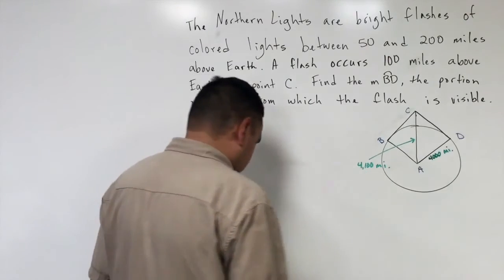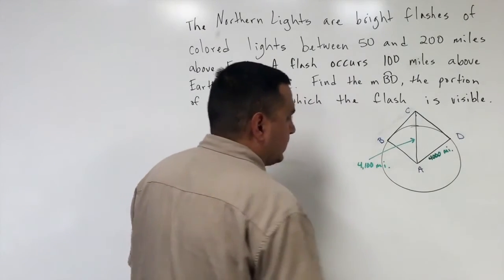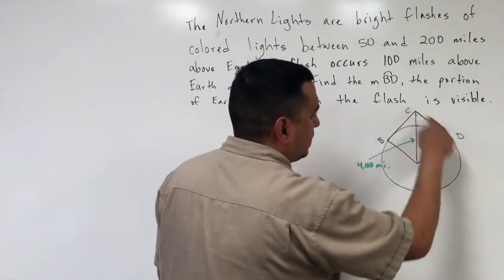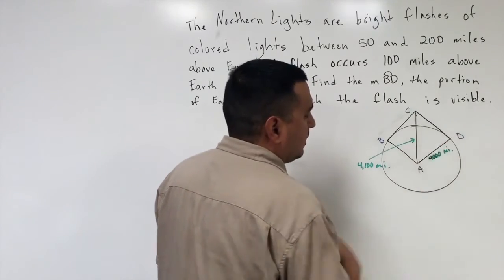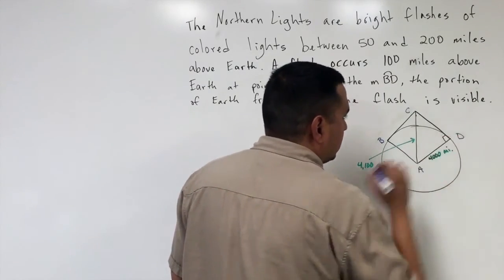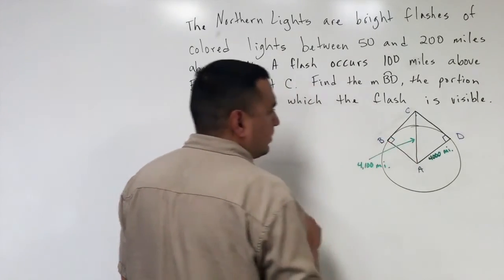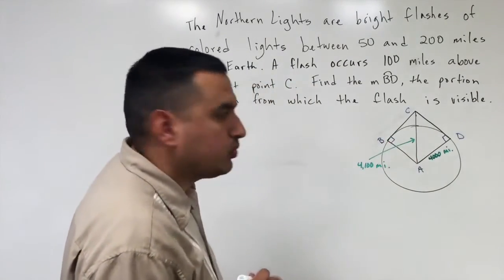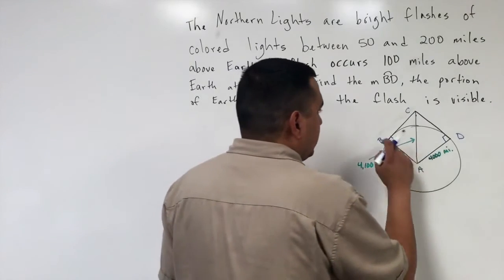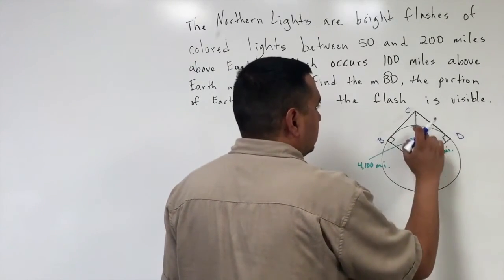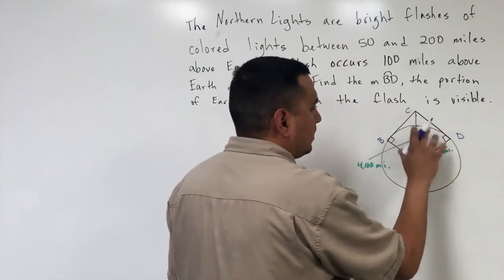Now, some other things that I know to solve this is that since this line is tangent to this radius, I know this is a 90-degree angle, and on the other side I have another right angle as well. So because of that, I know that these two triangles are equal.